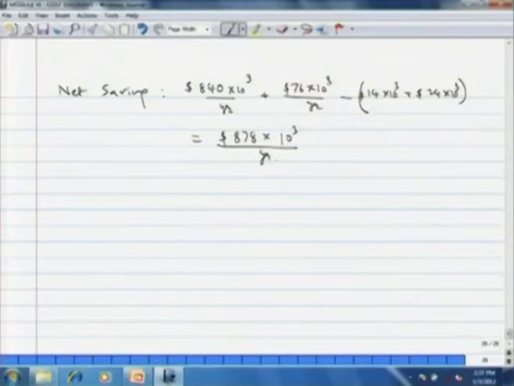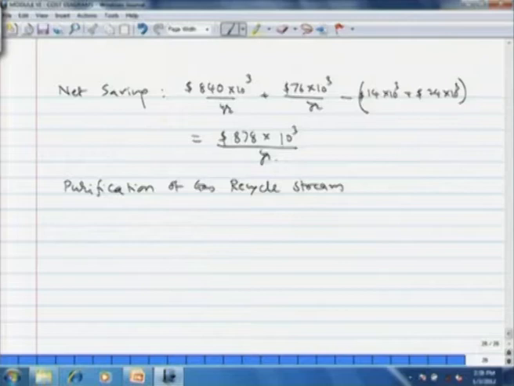Okay. Now, we can similarly evaluate another alternative of purification of the gas recycle stream. Now, what we do is that we change our flow sheet slightly. Now, what I am going to draw is the recycle structure of the flow sheet.